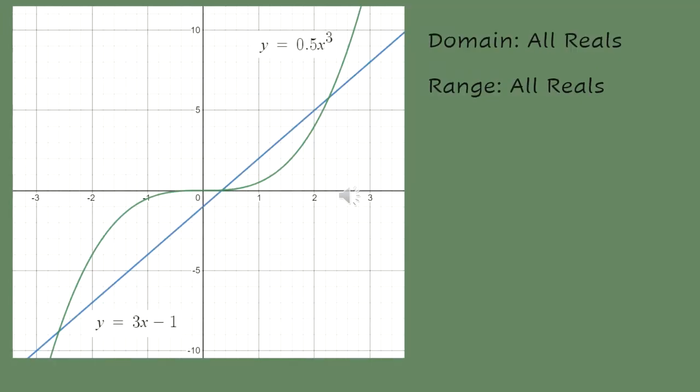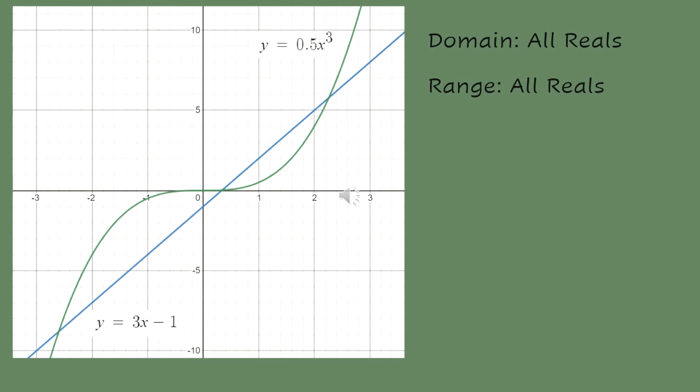Both of these are examples in which I can plug any real numbers into the formulas. There's no restrictions. I also can get out any possible values. So the domain and the range are both all real numbers. Any odd polynomial is going to have that as the case. All real numbers can be plugged in.